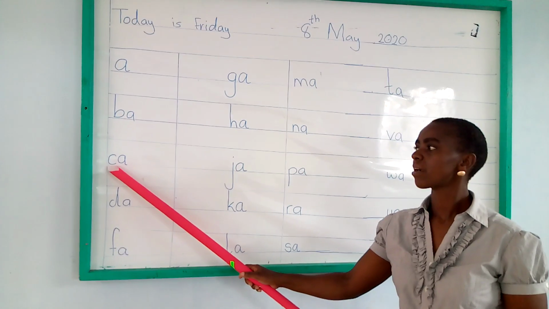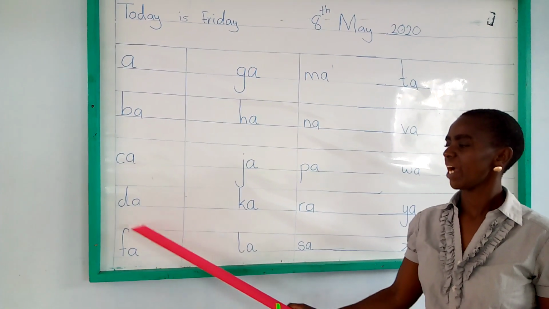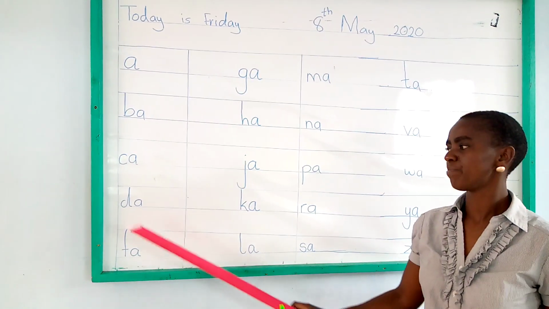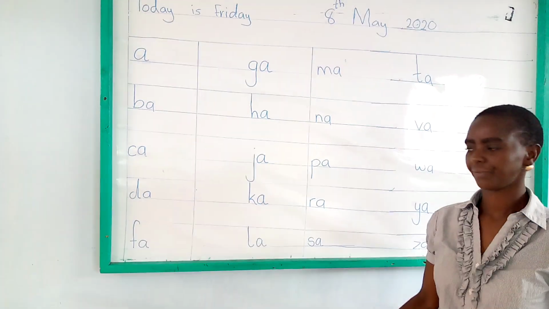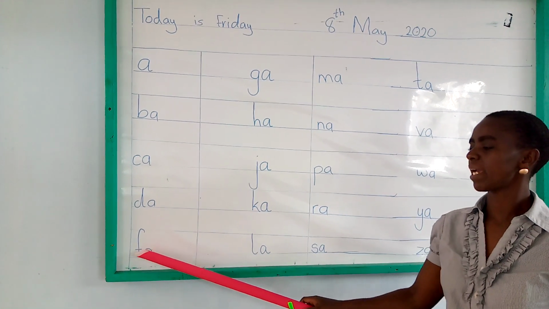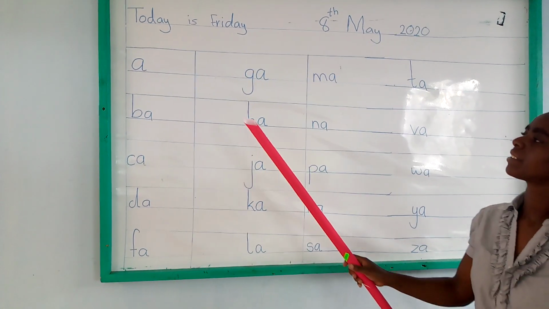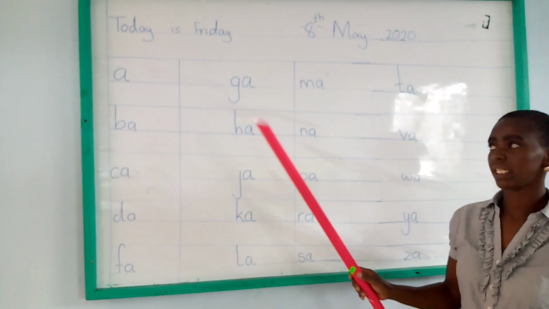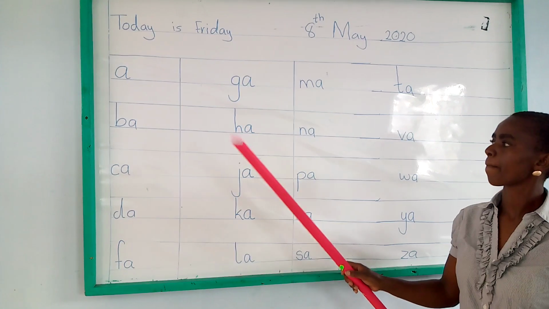It becomes Ka. We have sound D and sound A. When you join it, it becomes Da. And this one, sound F and sound A, it becomes Fa. Sound G and sound A, when you join it, it becomes Ga.